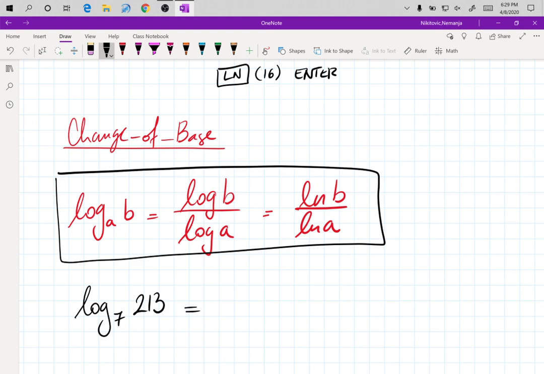I only have buttons for base 10 and base E. Those are the only 2 buttons that I have. So I will convert this into log 213 divided by log 7.